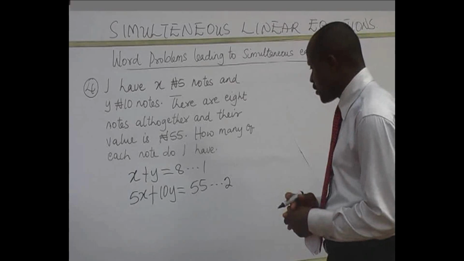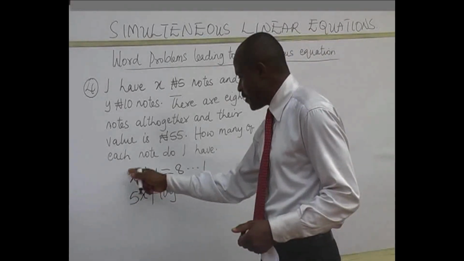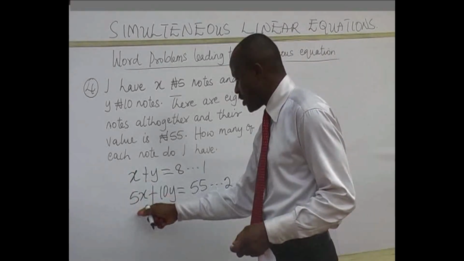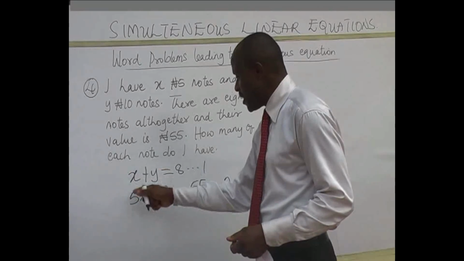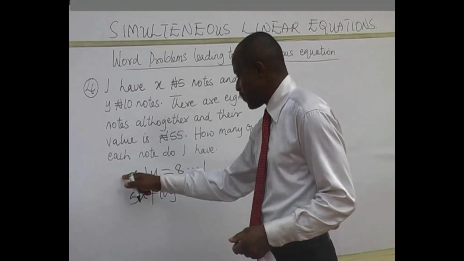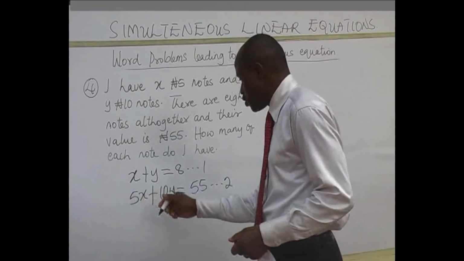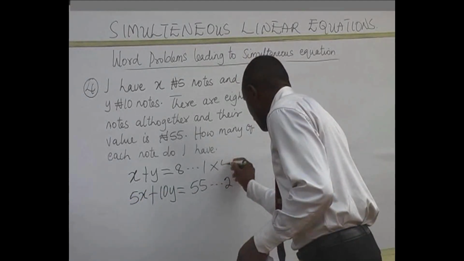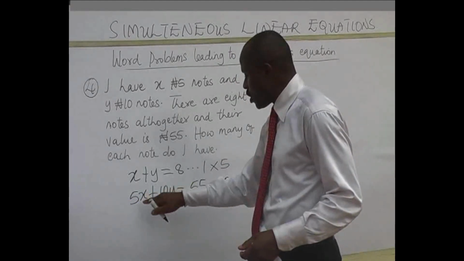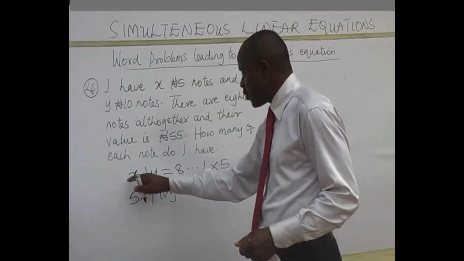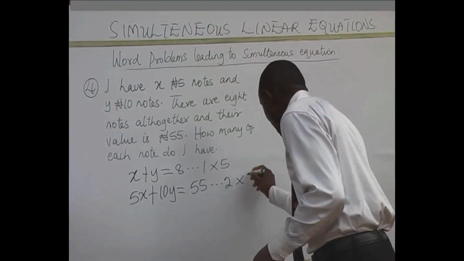In elimination method, try to make the coefficient of X in both equations the same. In doing that, you multiply equation 1 by the coefficient of X in equation 2, which is 5. And multiply equation 2 by the coefficient of X in equation 1, which is 1.